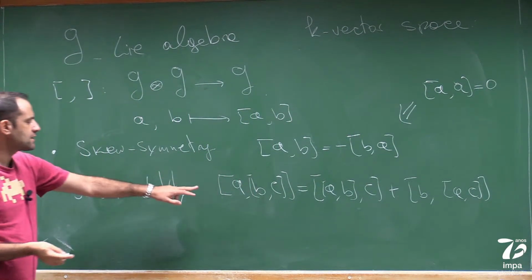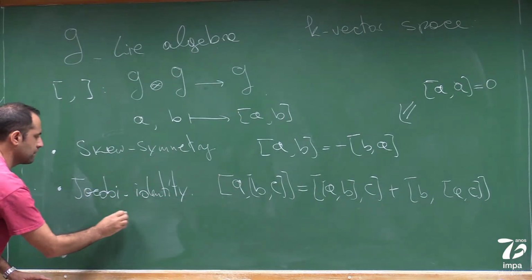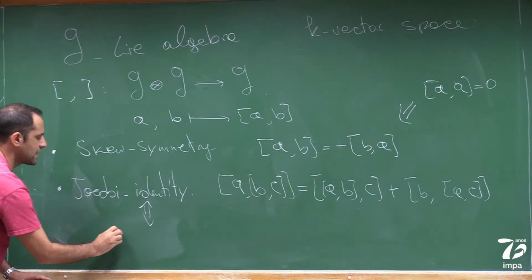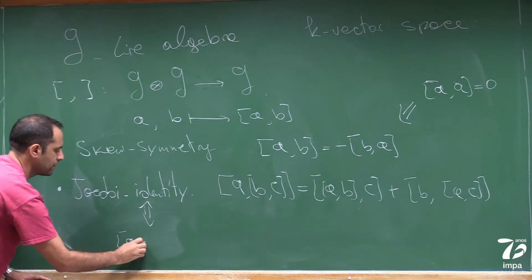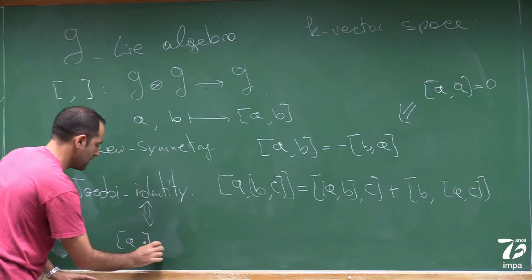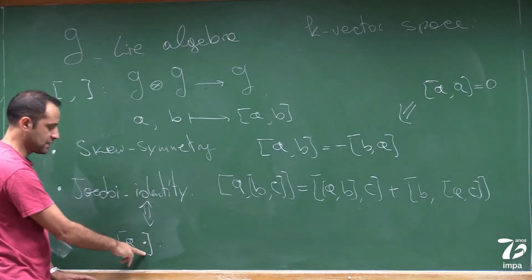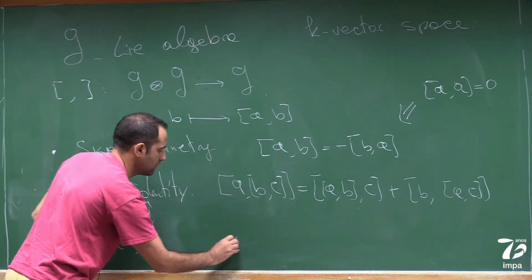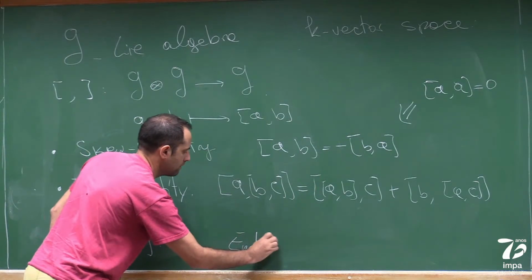So this is equivalent to saying that this operation is an element, this is an element where? This is an endomorphism of G. Right?